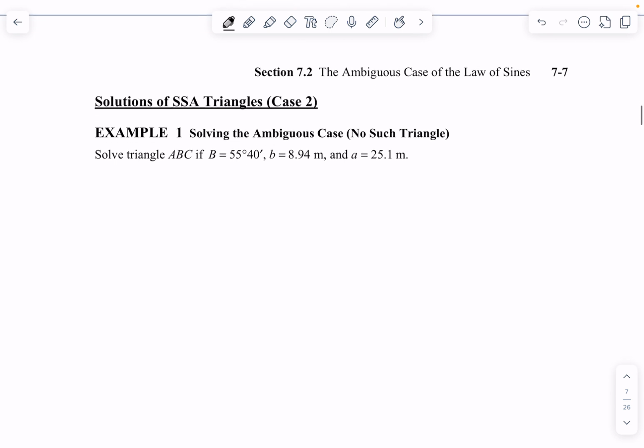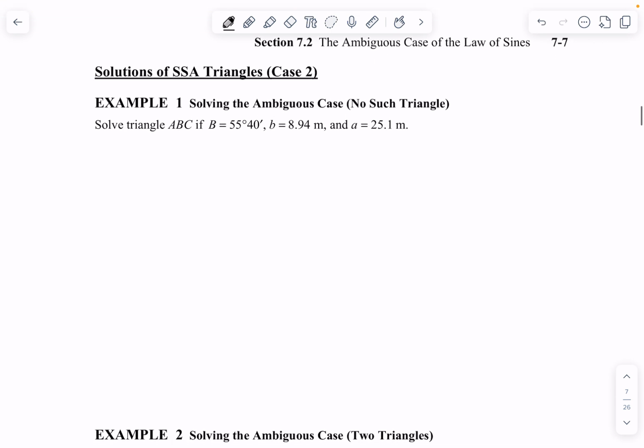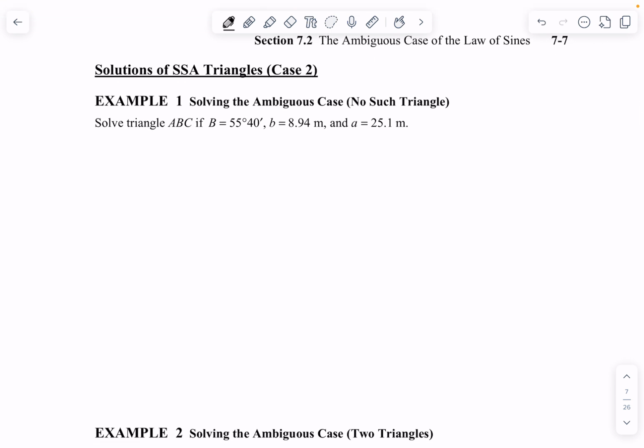Let's take a look at our first example. Solving the ambiguous case, triangle ABC with B equaling 55 degrees, 40 minutes, side B equaling 8.94 meters, and side A equaling 25.1 meters. It's crucial when you do these to draw a diagram and make sure that it's sketched and labeled properly. So here's a triangle ABC.